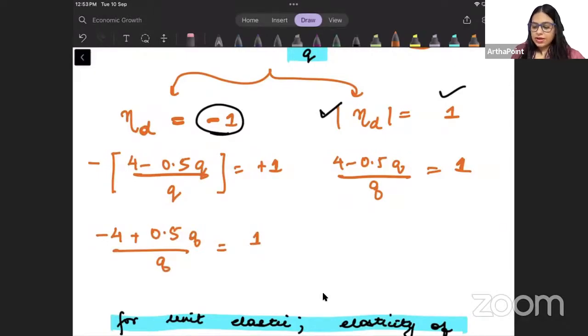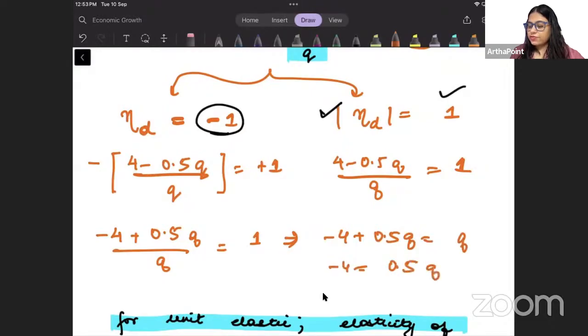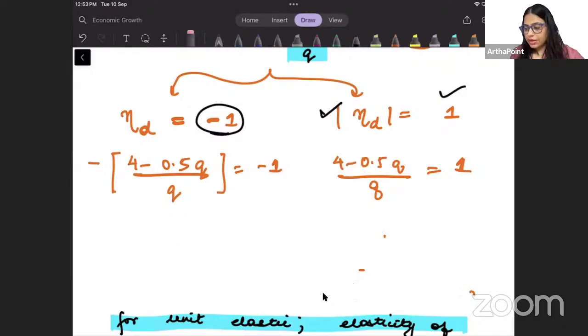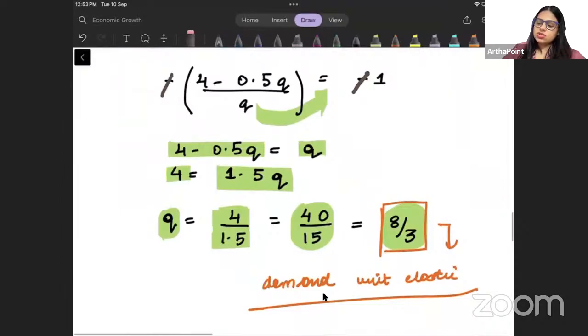So I would have got -4 plus 0.5 Q equal to Q, so -4 is equal to 0.5 Q, and Q would have been negative. A negative quantity would have come, which would be incorrect. So because it is elasticity of demand, you equate it to -1. And then finally, after equating, you can simply find the value of the quantity. Is that clear? Okay. Thank you.